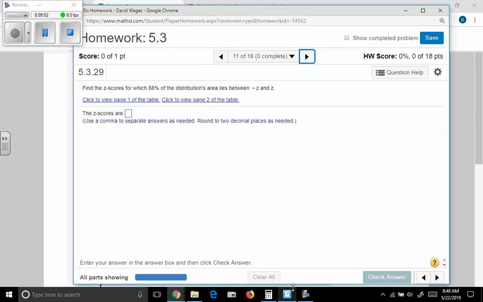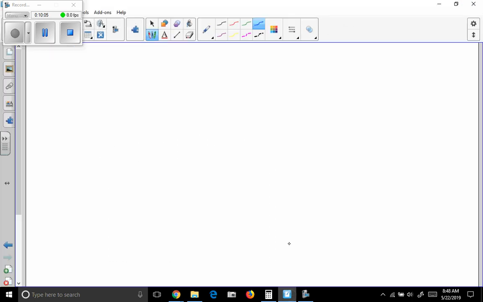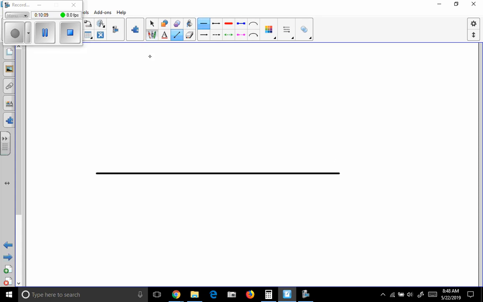All right, so next, let's try to do this. This is a little bit trickier. It says find the z-scores for which 88% of the distribution lies between negative z and z. So what is it saying? We have a normal distribution.